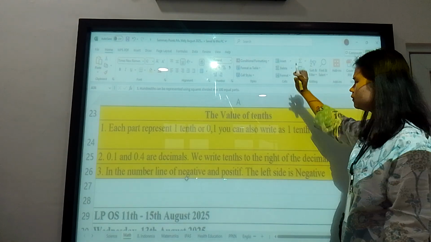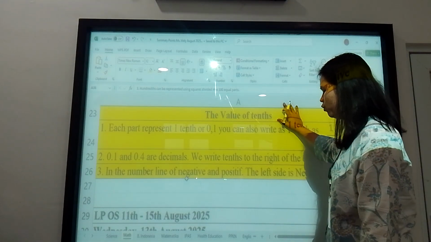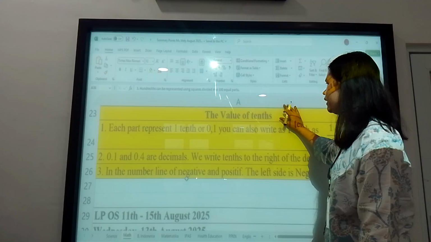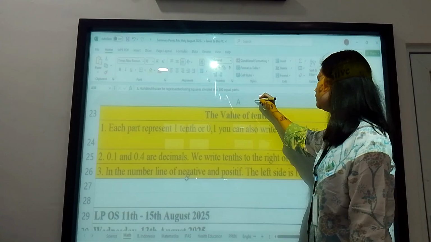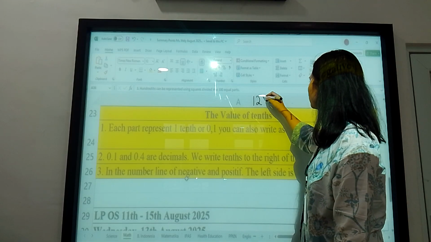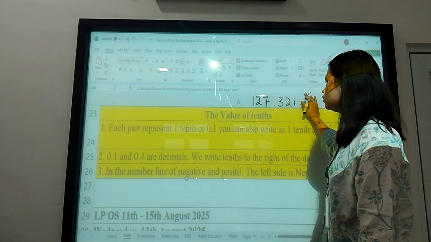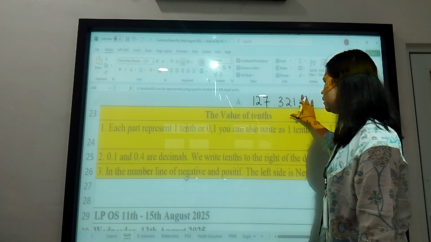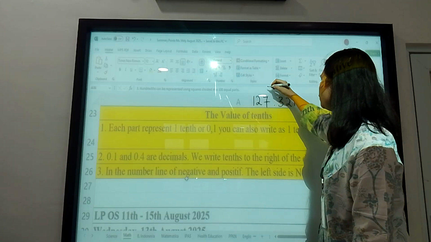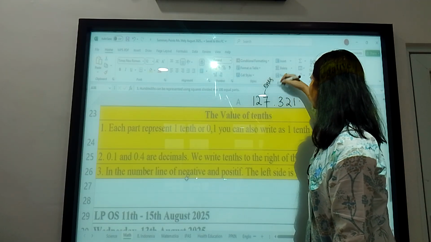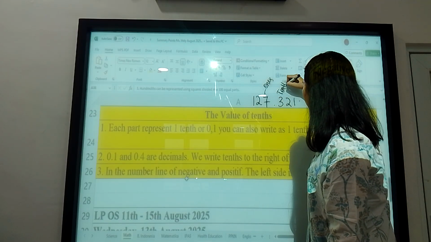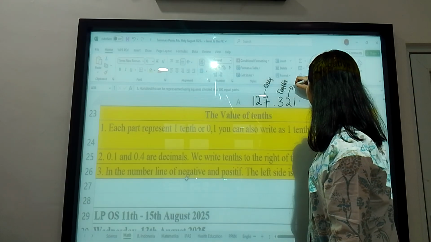Yes. The first one we already studied about whole numbers. Example like this. The first one I want to tell the students, this is the number, and then you must know this is the ones. After that, this is the tens. After that, this is the hundreds.